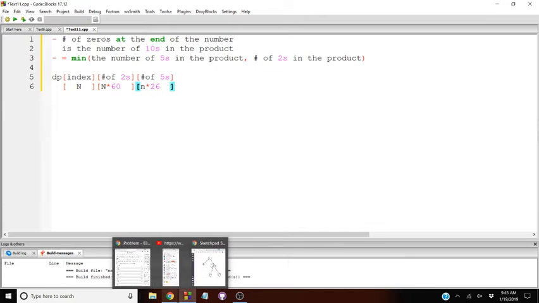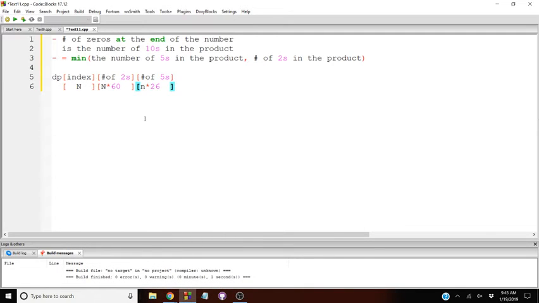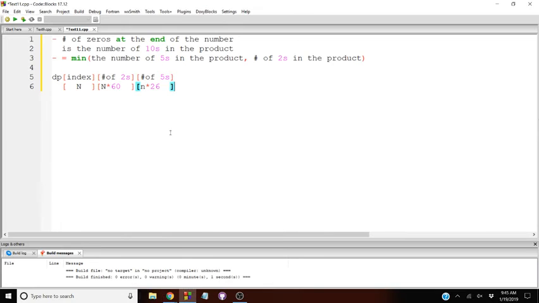Okay, given that n equals 200, this is a fairly decent sized array, and we can do this as our input. So dp of index, number of 2's, number of 5's. We also care about how many numbers we've chosen, and this can go up to k.